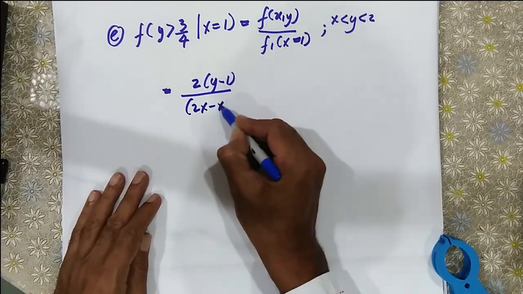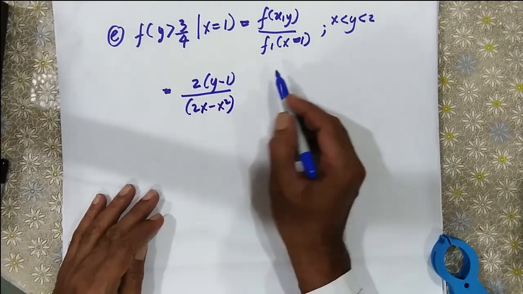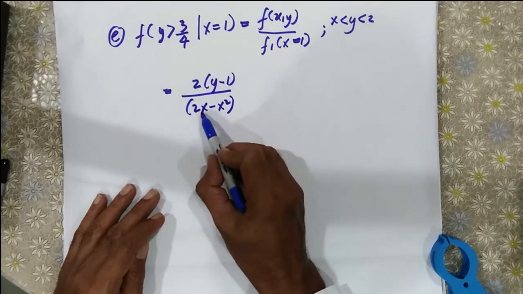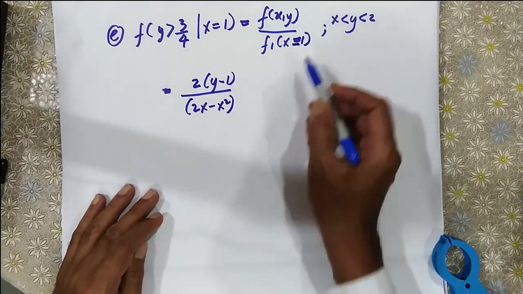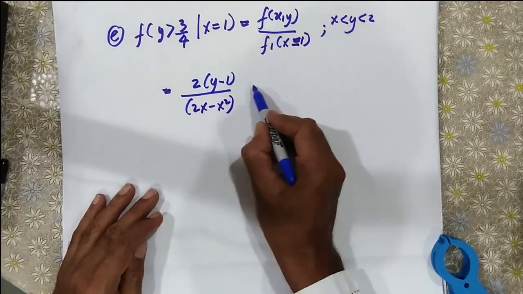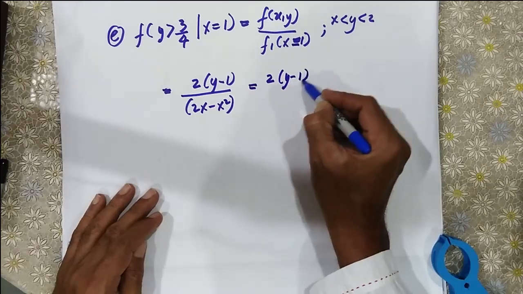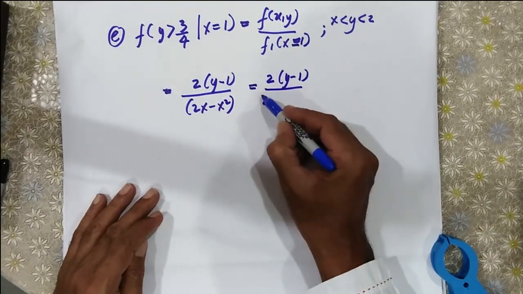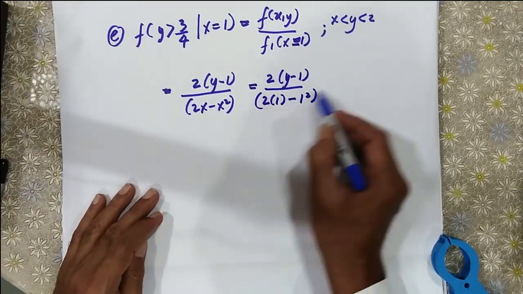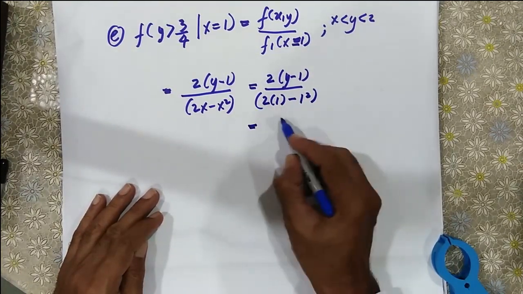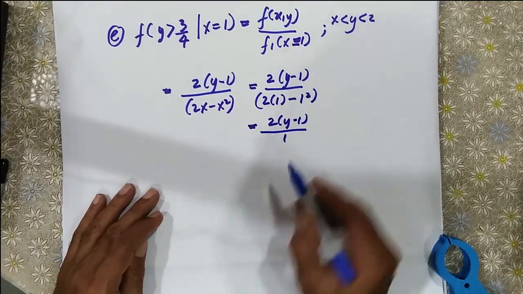For each x here, we substitute a value of 1. So this gives me 2y minus 1 over 2 multiplied by 1 minus 1 squared. So this gives me the answer of 2y minus 1 divided by 1.